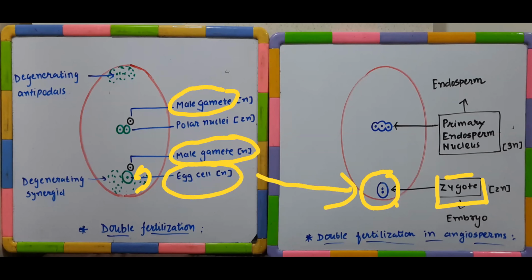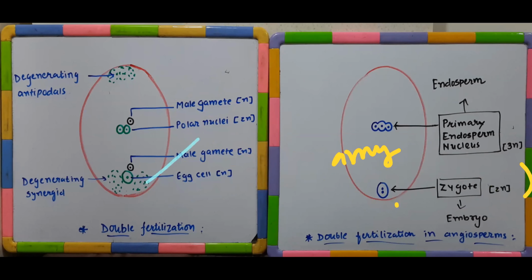Their fertilization is called syngamy; it is actually a synonym of fertilization. The product formed is termed the zygote. This is the diploid cell.